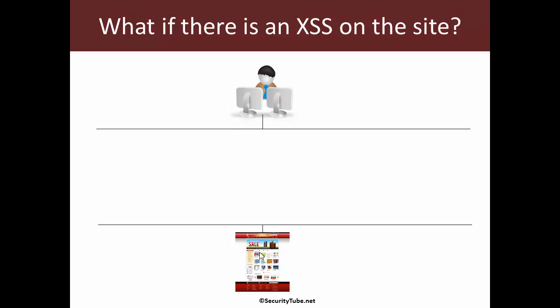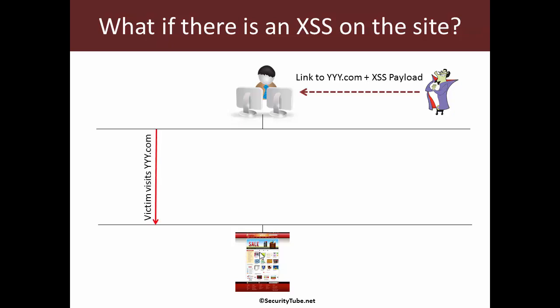Now, what if the attacker goes ahead and sends the victim a link with the appropriate XSS payload? As soon as the victim opens this up, he visits the website, the XSS payload gets reflected back to him in the HTML served by the website.